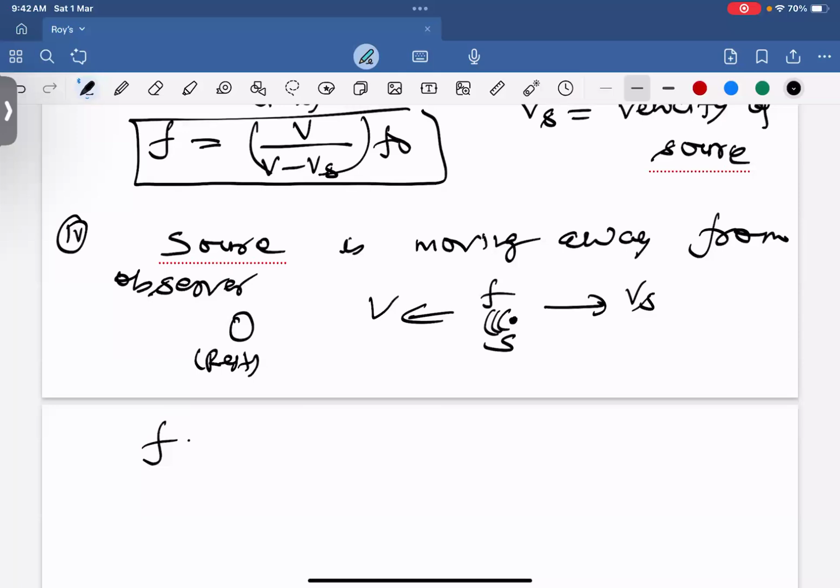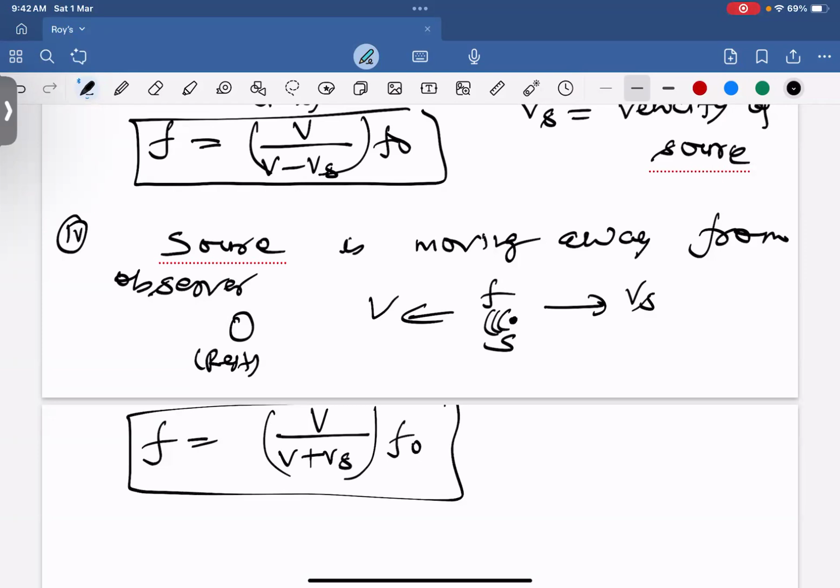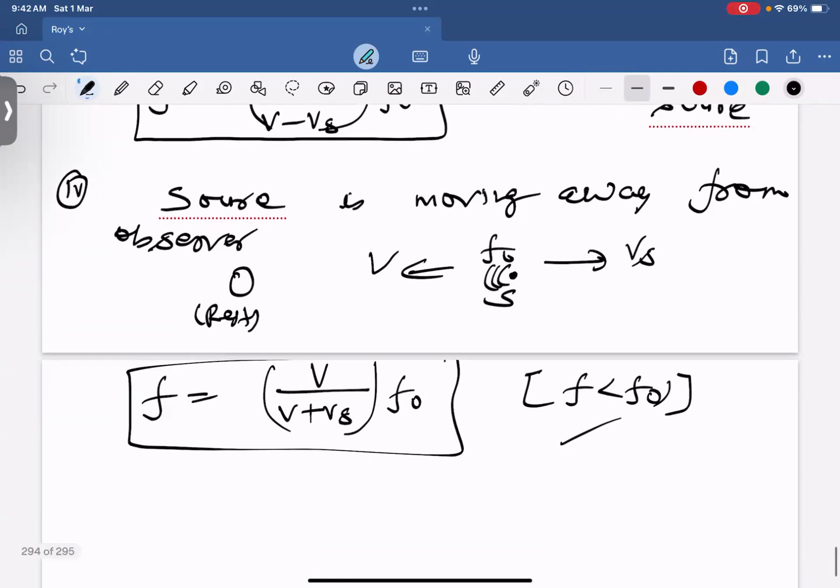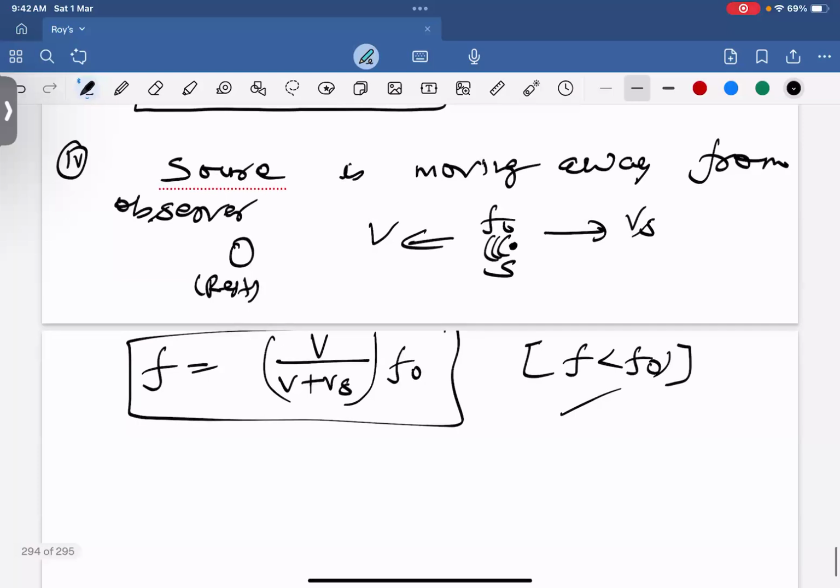In this case, earlier you subtracted, so here you will add. So it is v by (v plus vs) into f naught, where f naught is the actual frequency. You can clearly see that the frequency f will be less than f naught. So when the source is going away from the observer, the apparent frequency decreases. Understood? Understood. We write this also, then we'll move to some special cases.